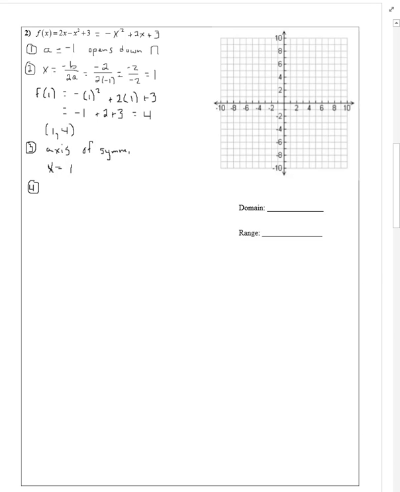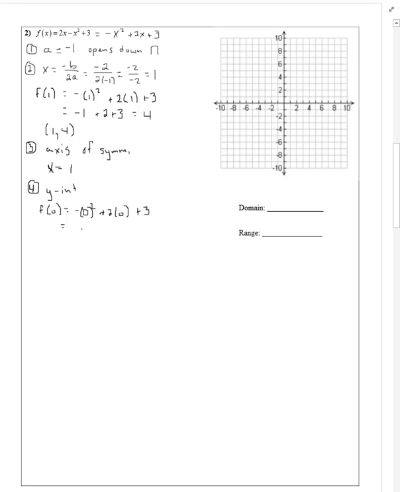Now let's find our y-intercept. To find the y-intercept, we plug 0 in for x. So, f of 0 is -0 squared plus 2 times 0 plus 3. 0 squared is 0.